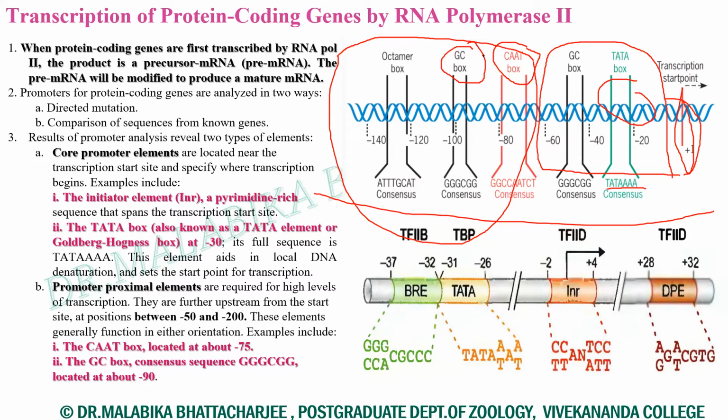We have one very vital promoter element at -30, the TATA box, TATAAA, in the core promoter, the first 50 base pairs. The next 50 to 150 base pairs are the proximal promoters. We have two important sequences there, -75, the CAT box, and -90, the GC box. So this is the information about the eukaryotic promoter.